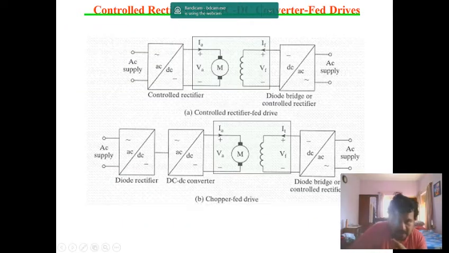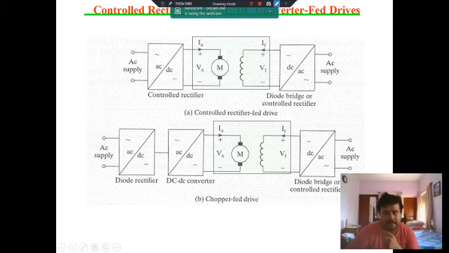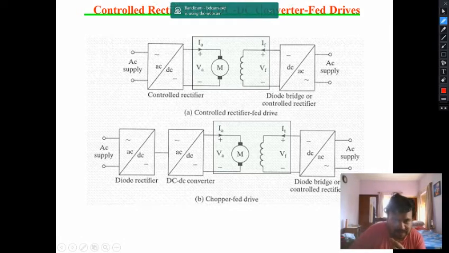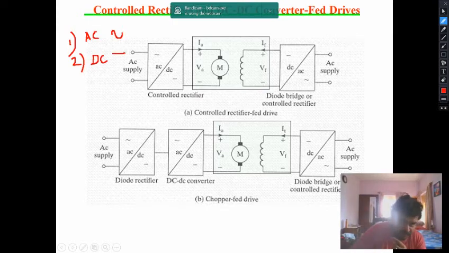As you can see, with the help of power electronic devices, what we can do is work with voltage, which can be of two types. One is AC, the alternating voltage, and another is DC, the direct voltage.